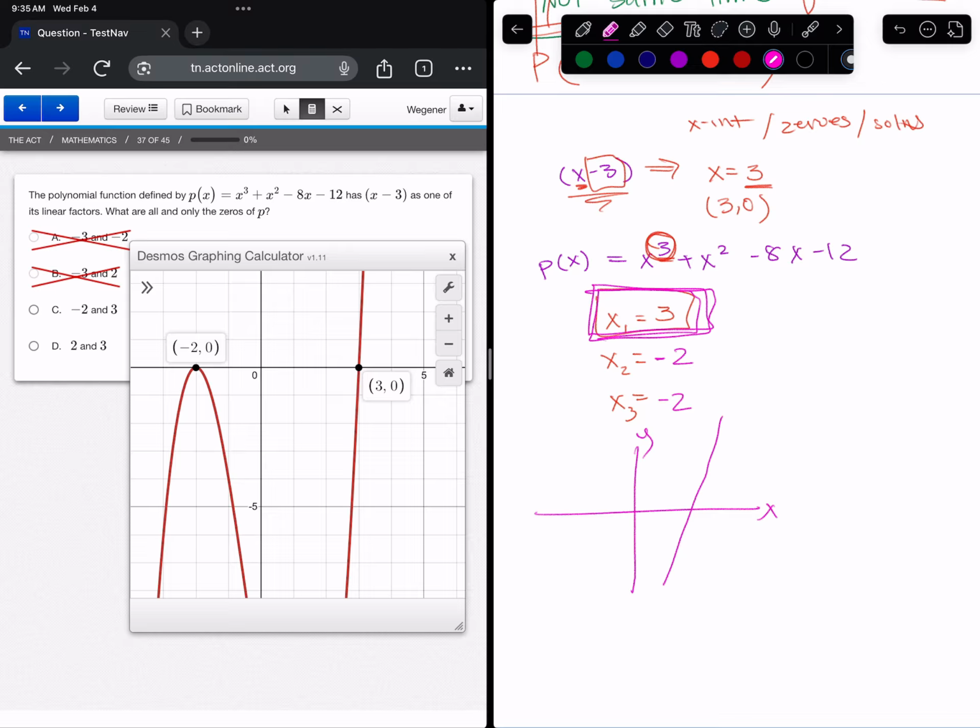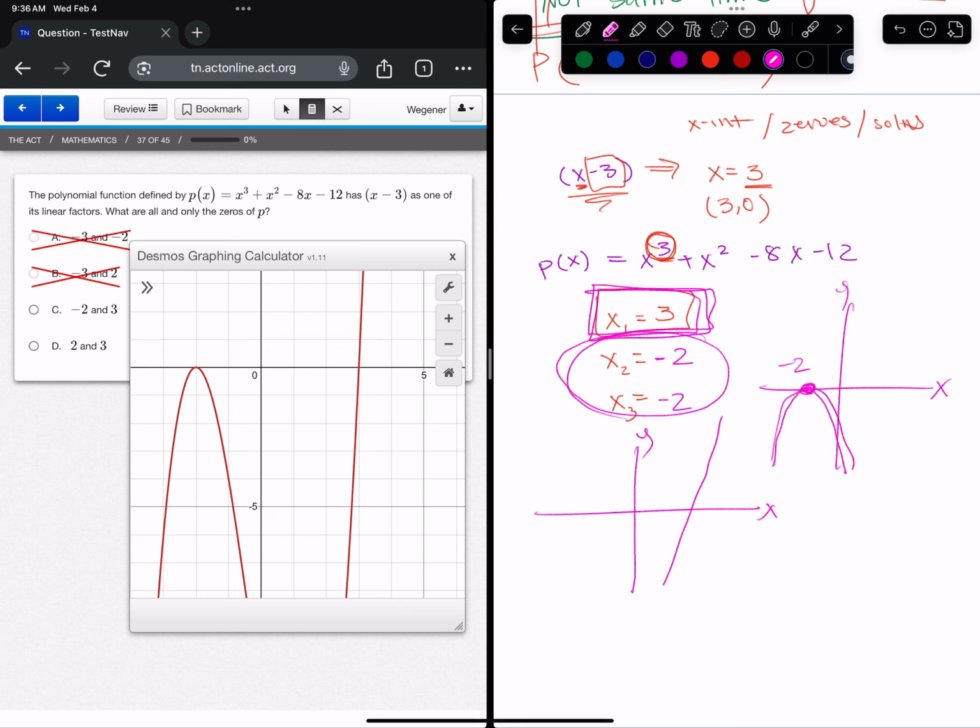If you have an even amount, like right here for negative 2, you don't cross the x-axis. Instead, you make a little U-turn, okay?